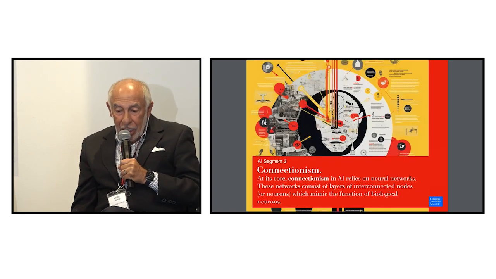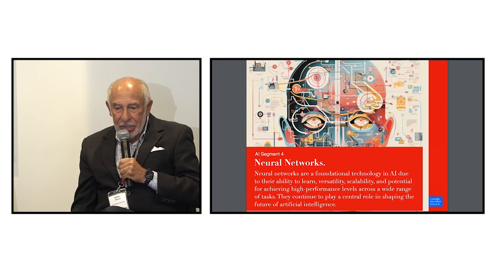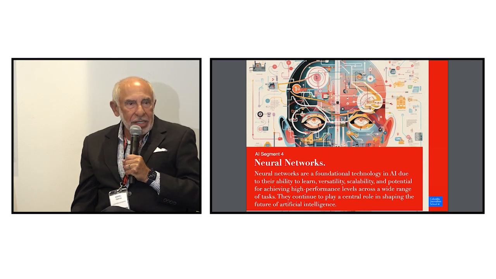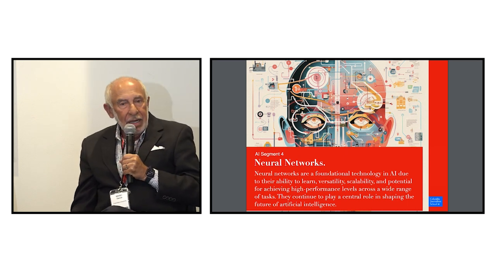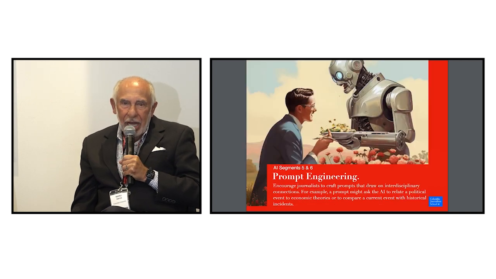Then I had connectionism. Then I had neural networks, because you have to understand that all of the machine learning is based a lot on these relationships and connections, teaching the robots to think exactly like we do. Neural networks, making connections. And then I spent about 3 weeks on prompt engineering.